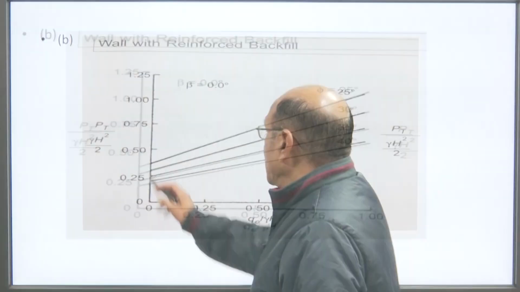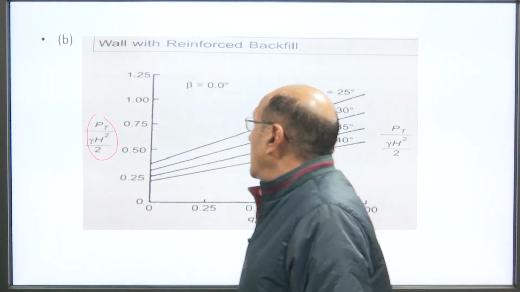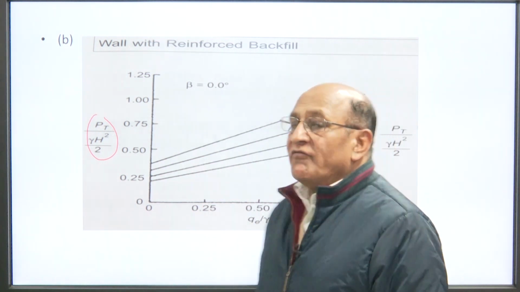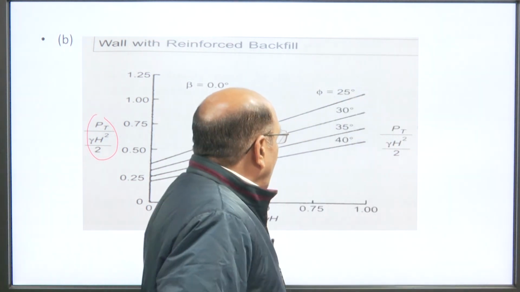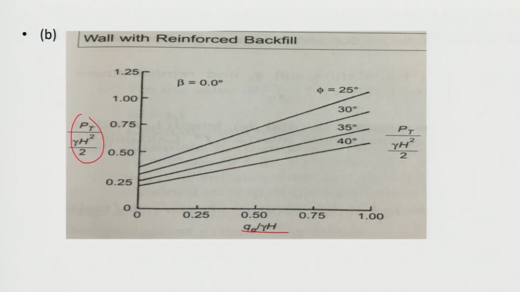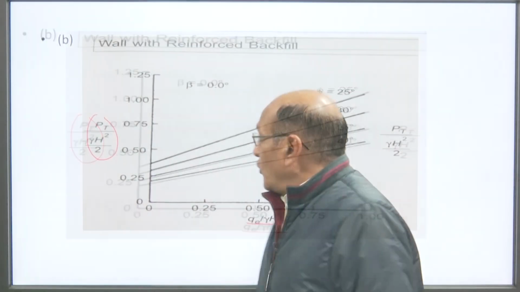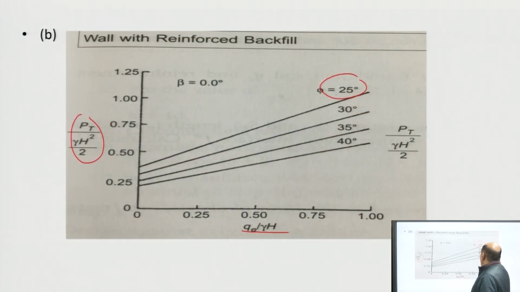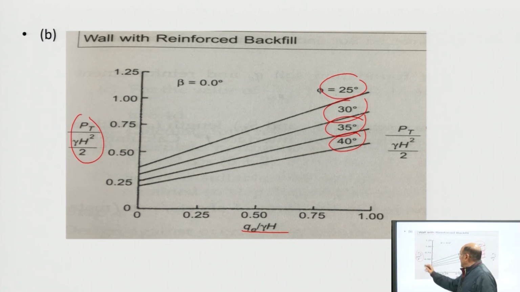This is a plot, with Pt divided by half gamma H square on the vertical axis, and on the horizontal axis, that is qe divided by gamma H. This is the plot for different values of phi: phi equal to 25 degree, 30 degree, 35 degree and 40 degree, and the corresponding vertical axis is 0.25 to 1.25, where beta is equal to 0.